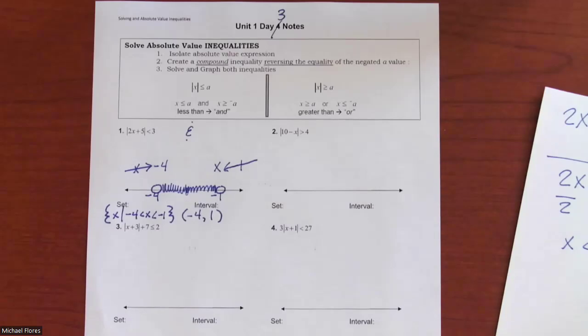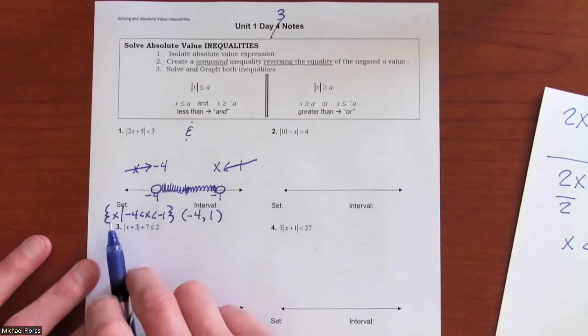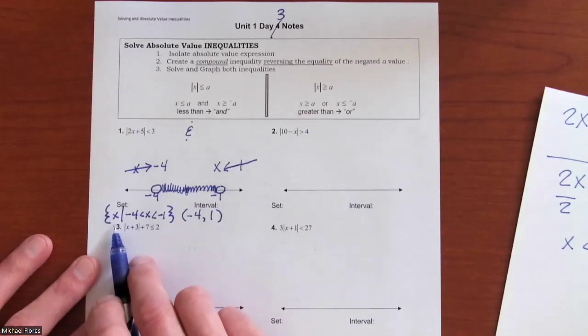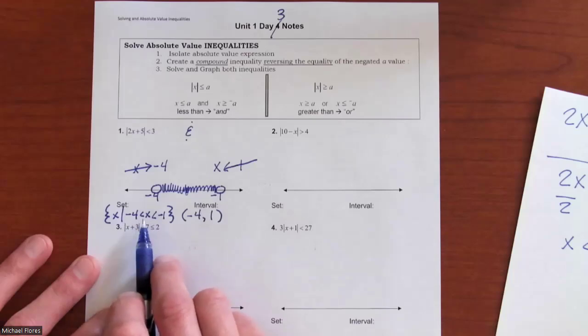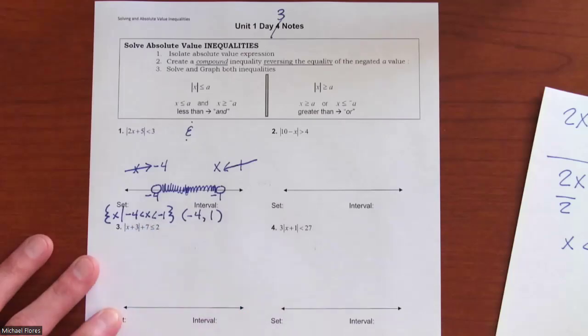Now that I have that written, I'm going to tell you what this represents. All solutions of x such that -4 is less than x and x is less than -1.